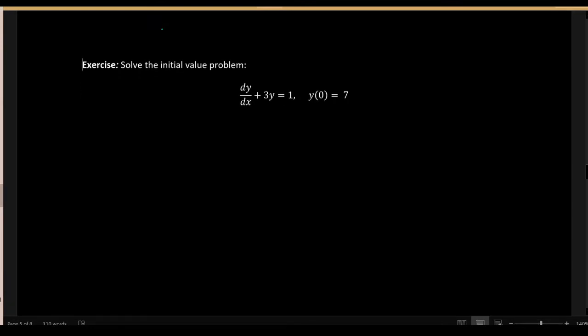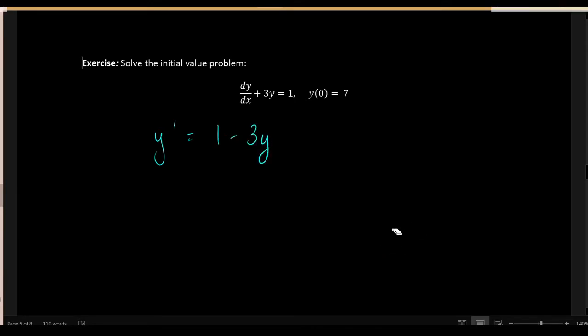So in the initial value problem, I'm going to begin by finding all the solutions to the ODE. So y prime is equal to 1 minus 3y, so that I have nothing being added to or subtracted from y prime. And then I'm just going to divide by everything. 1 divided by 1 minus 3y, y prime is equal to 1.